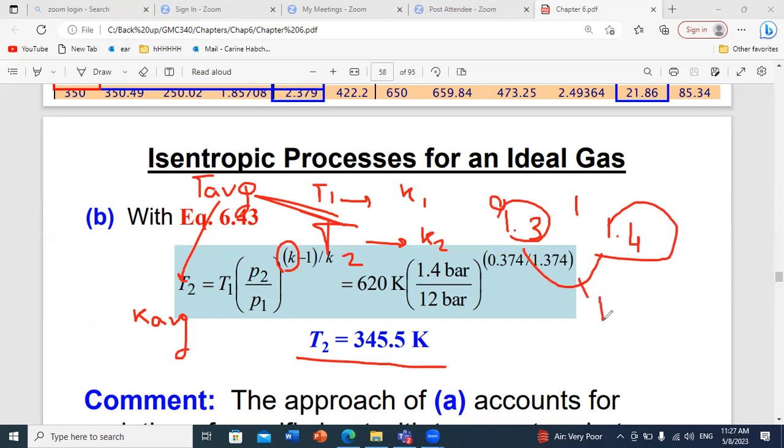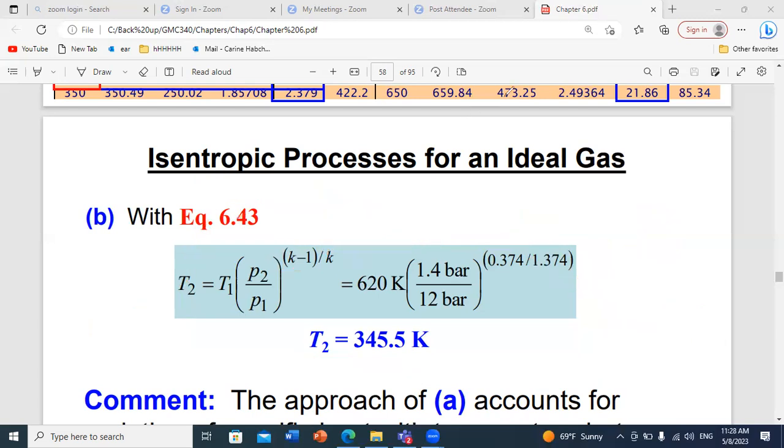Let us take, for example, K equals 1.35. Or you compute K1, K2, and you take K average. Or you can also say, I will compute K at an average temperature. I take the average between T1 and T2 and go to the table to get K at this average temperature. Okay?